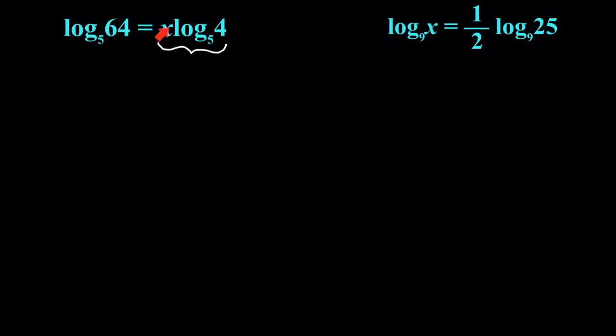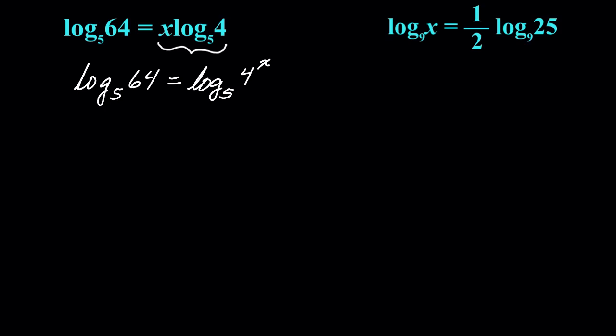Well, the property for condensing and expanding says that we can bring this value up to our exponent. So let's go ahead and move that, and that's going to give you log base 5 of 64 is equal to log base 5 of 4 raised to the x power.